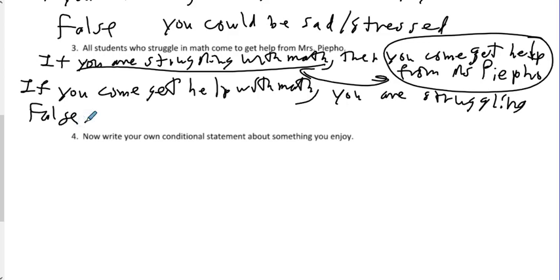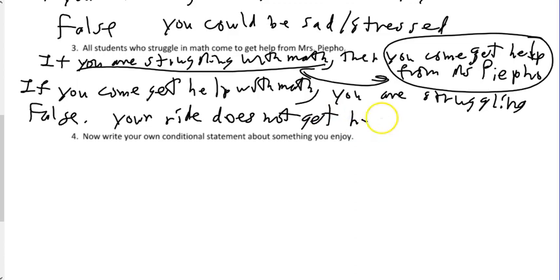So why else might you come get help with math? You know, after school with Ms. Pipo. Your ride doesn't get here. Hopefully you're getting the idea that there's not one answer here.